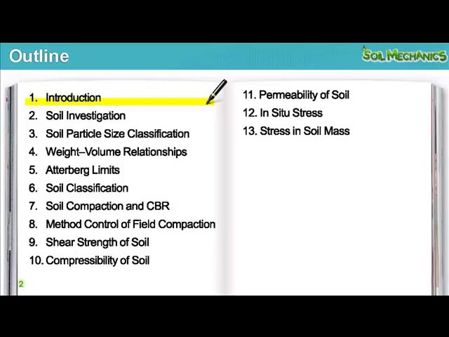If the compaction does not pass the design specification, we need to recompact or remove the soil and fill new soil or material to compact again, or we need more energy for compaction. So to know whether it is well compacted or not, we need to control the compaction at the field during construction.